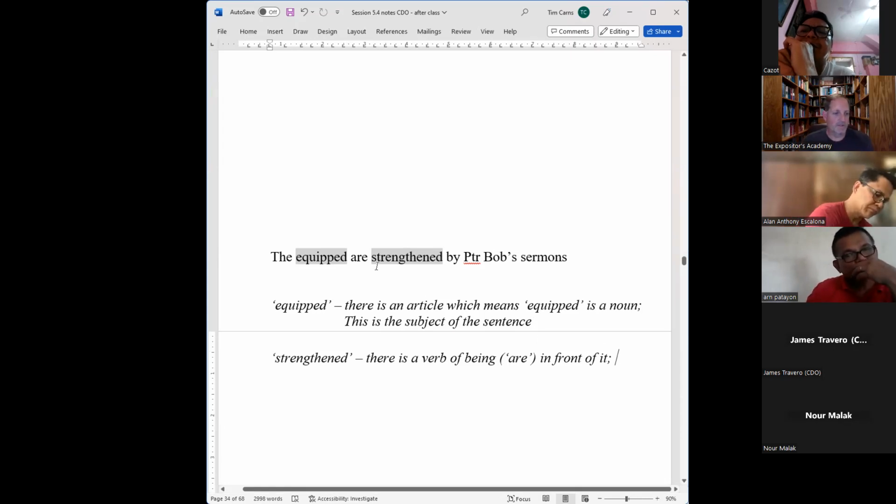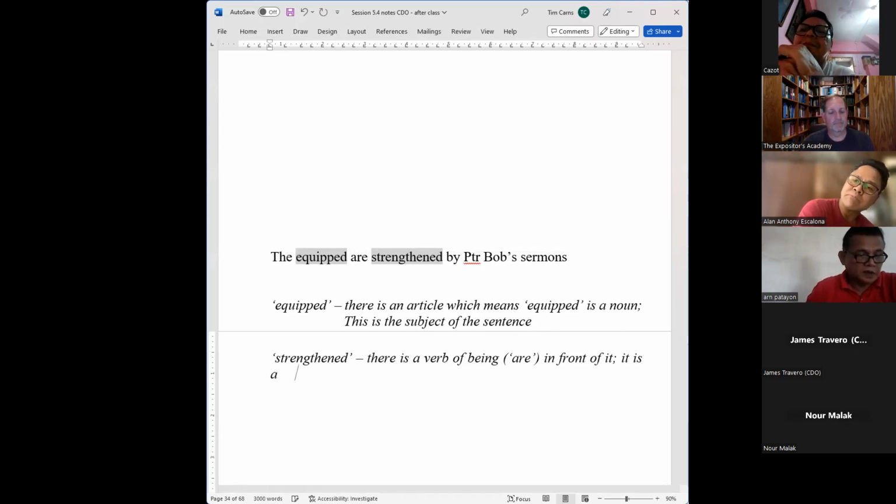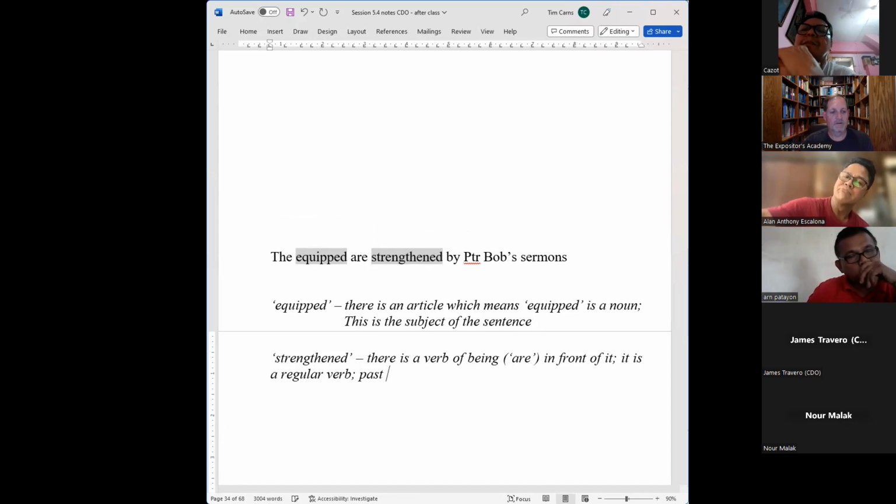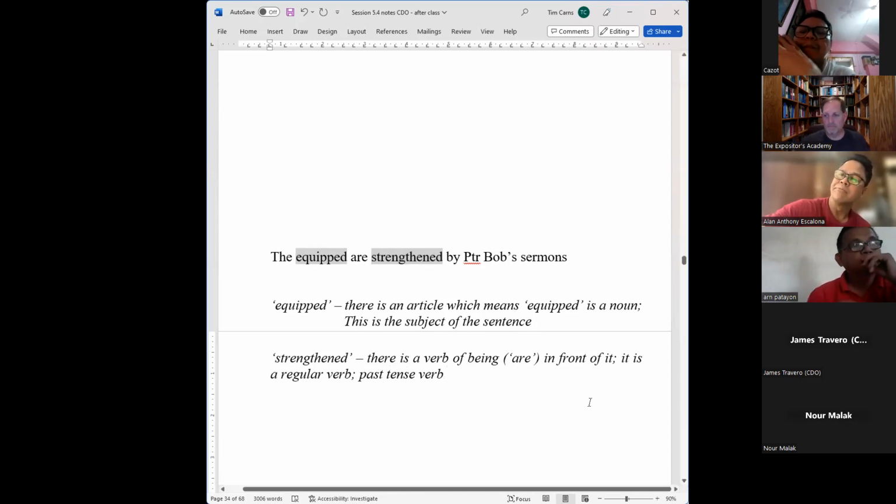Because notice, strengthened has a subject, the equipped, and there's a verb of being in front of it, are. That means strengthened is just telling us it's a past tense verb. Okay? Questions on that?